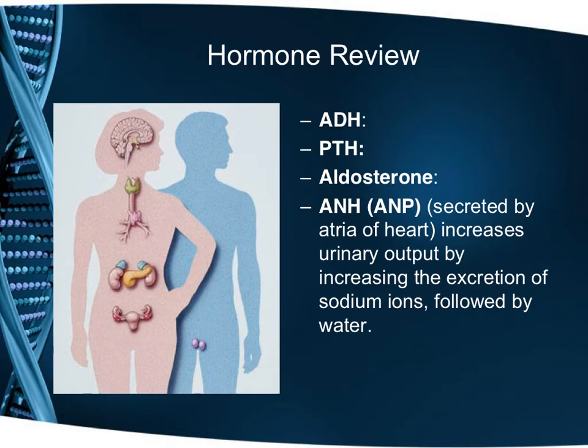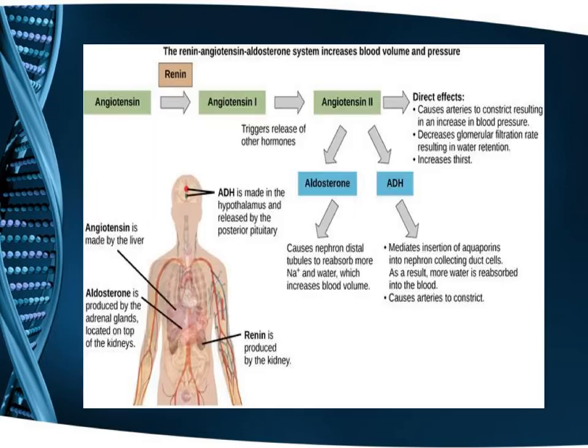Atrial natriuretic hormone, ANH, also known as atrial natriuretic peptide, ANP, increases urinary output by increasing the excretion of sodium ions followed by water, acting like a diuretic. This slide shows the renin-angiotensin-aldosterone system and how it increases blood volume and pressure.